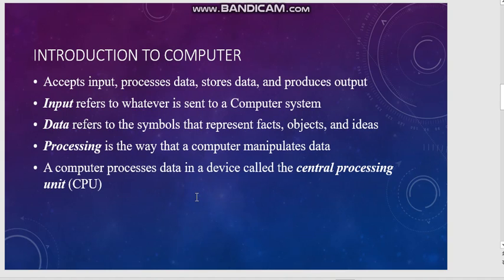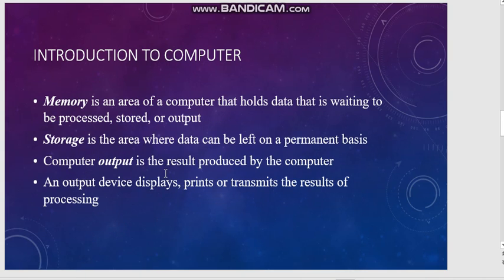Once we give the input to the computer system, it processes it and then produces the output. Processing is the way the computer manipulates data, and the processing is performed in a device which is called the central processing unit. A computer system also consists of a memory because it has to store a lot of data.